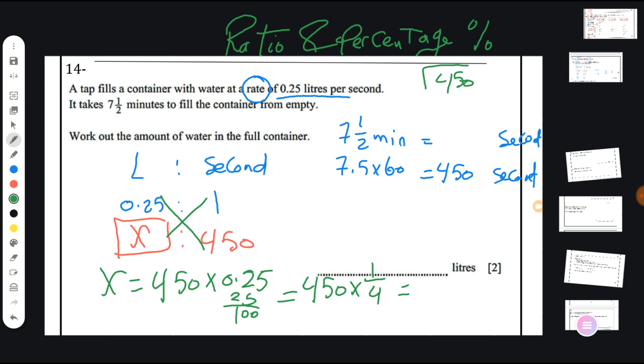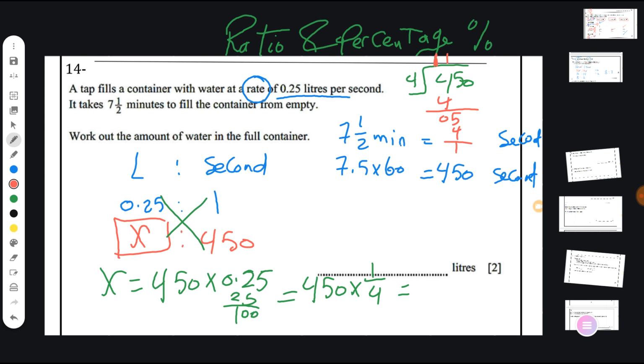450 divide 4. 4 divide 4 is 1. Bring down 5. 5 divide 4 is 1. 1 times 4 is 4.